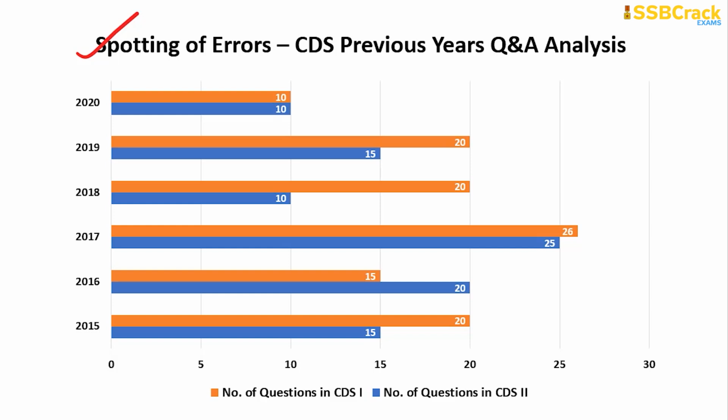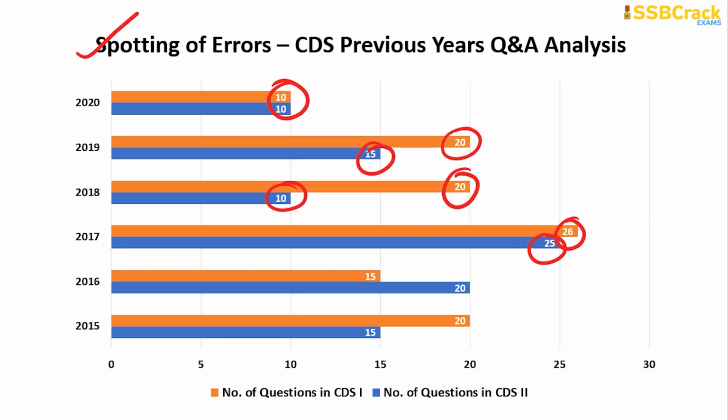You can see 10 questions came in both CDS 1 and 2 2020. 20 questions came in CDS 1 2019 and 15 questions in CDS 2 2019. 20 questions also came in CDS 1 2018 and 10 in CDS 2 2018. 26 questions came in CDS 1 2017 and 25 in CDS 2 2017. This is by far the largest number of questions in the last 5 to 6 years from this topic.